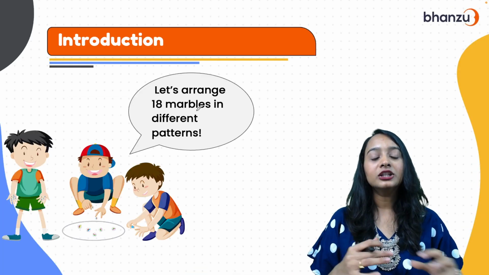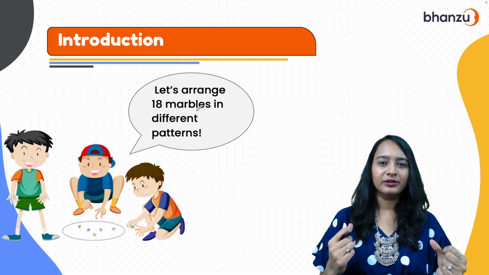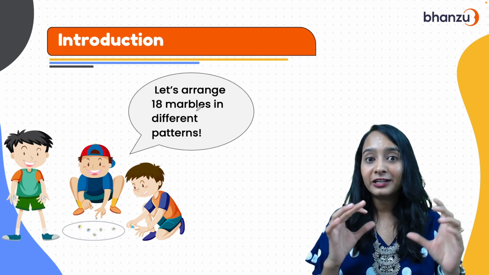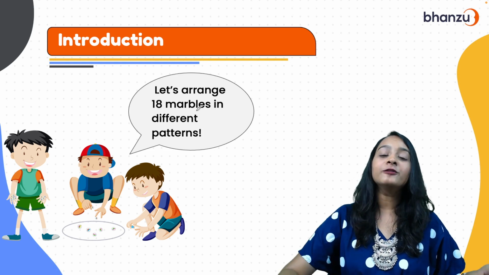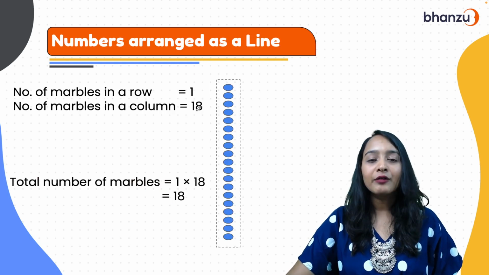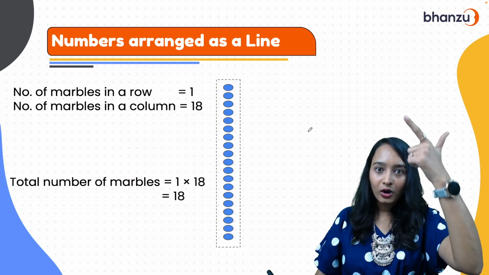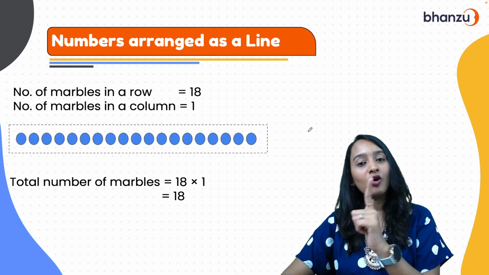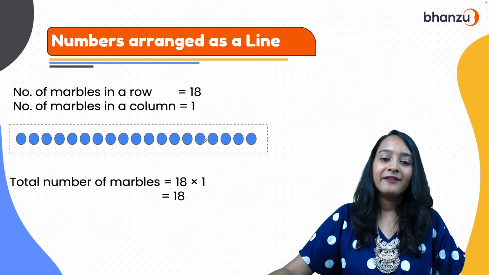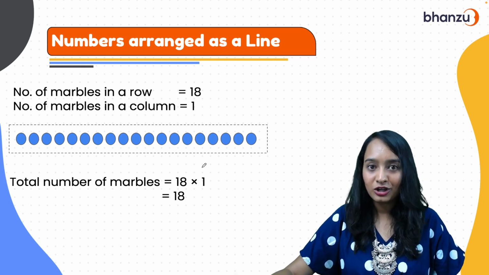Now, talking about the introduction to numbers, there's a very interesting pattern that I want you guys to observe. There are 18 marbles and we have to arrange them in different patterns. How can you do that? You can arrange all 18 in a vertical column like this, or you can arrange them into horizontal rows like this, where this is giving you the number of rows and columns.